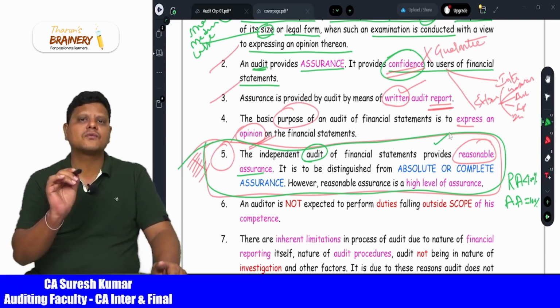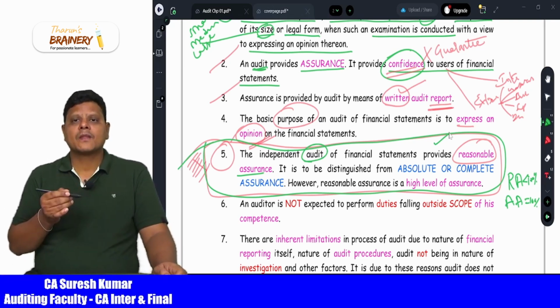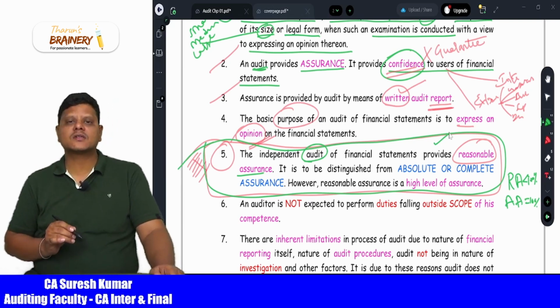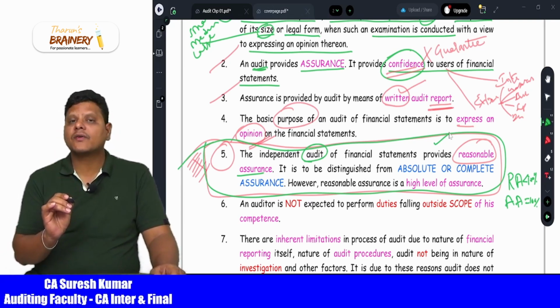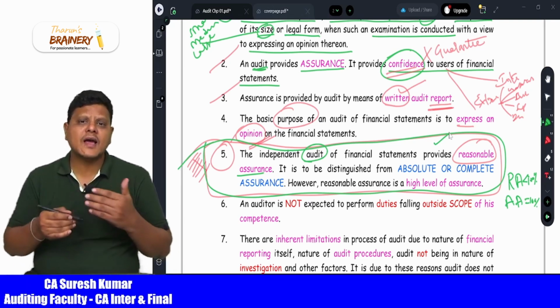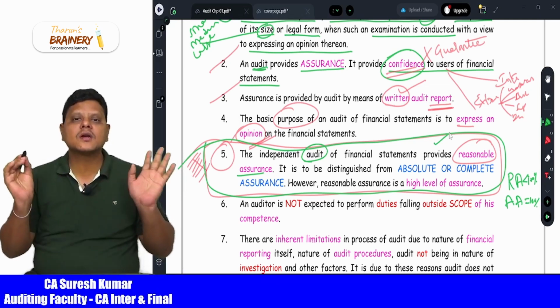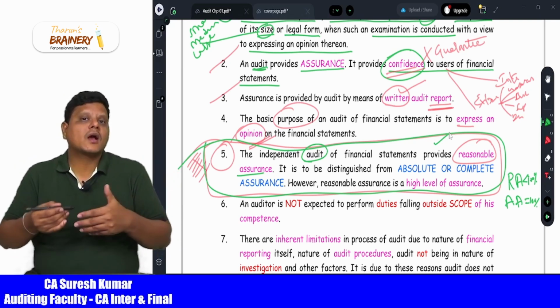There is a logic for this, my dear friends. Whenever the auditor gives the opinion, the auditor is not going to examine all the transactions in the financial statements due to lack of time. That is the reason Standard 530 is given to the auditor. What is 530? Audit sampling. Whenever I am doing sampling-based audit, I am never going to cover 100% of transactions because of the paucity of time.